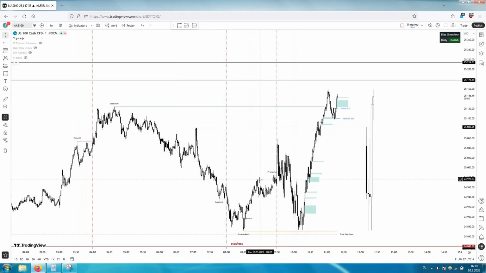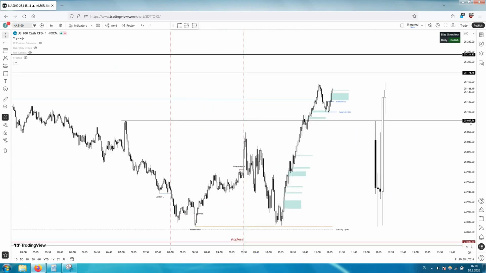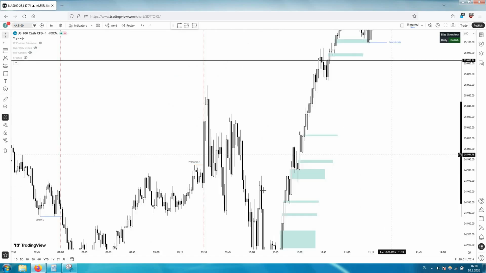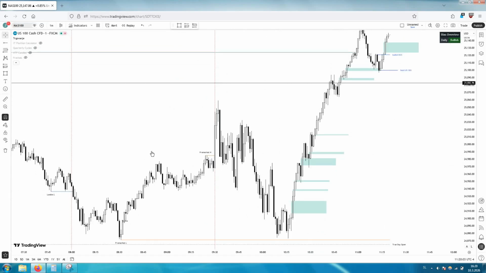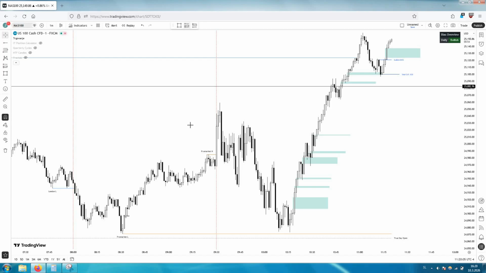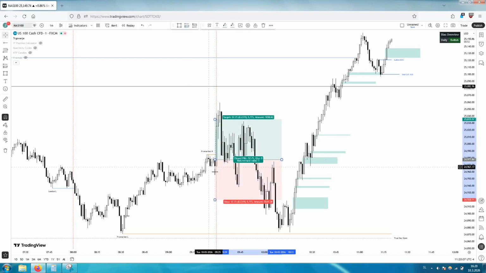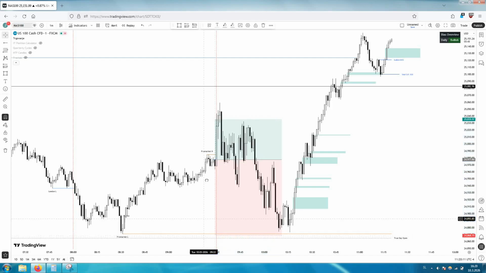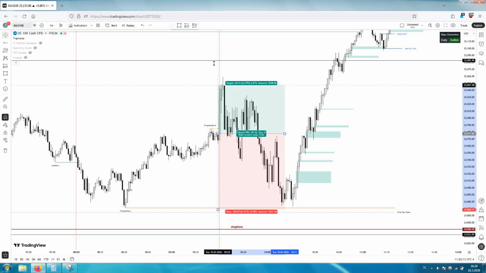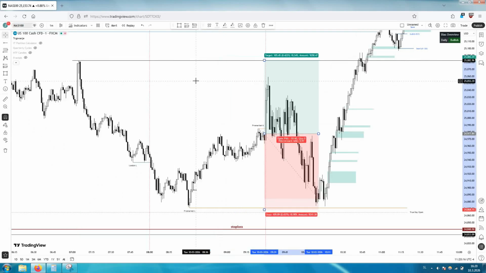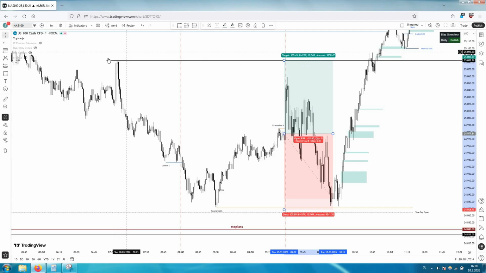So what did I do then in that case? Then New York market opened. Wait, let me go back. New York market opened and I immediately pressed buy. I put my stop loss here below pre-market low and I was targeting that 1 hour high that happened over here, you see.